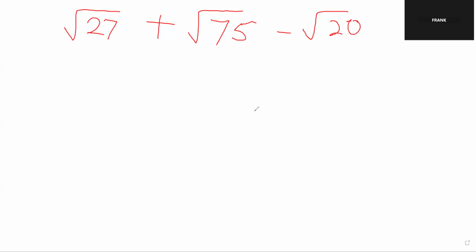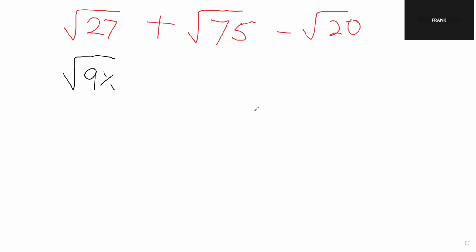We are going to reduce it. In reducing root 27, we look for one number times a different number that will produce 27. We take a look at what perfect square can divide 27, and that's 9.